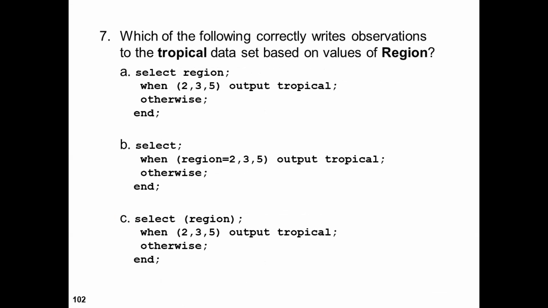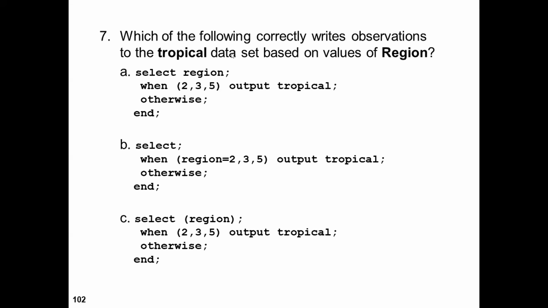All right. Which of the following correctly writes observations to the tropical data set based on values of region? B. So understand the syntax correctly.